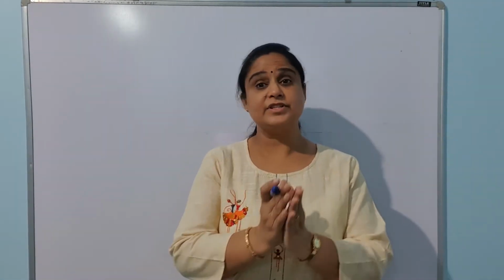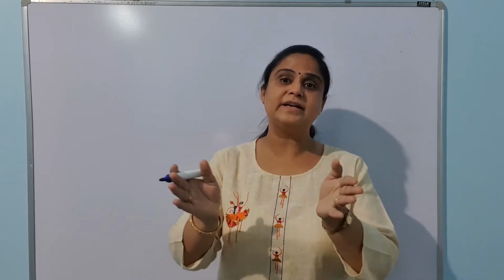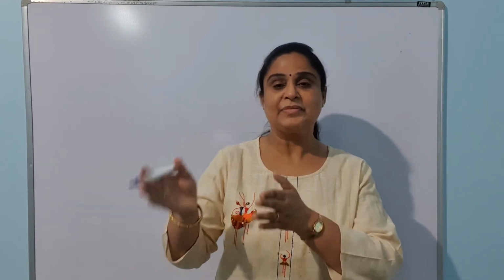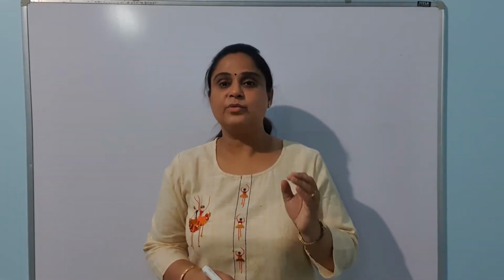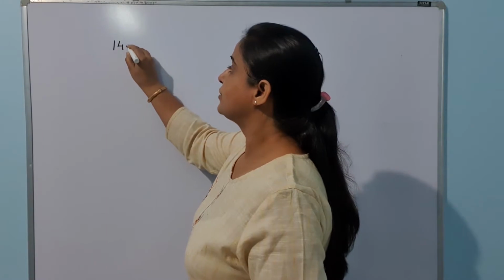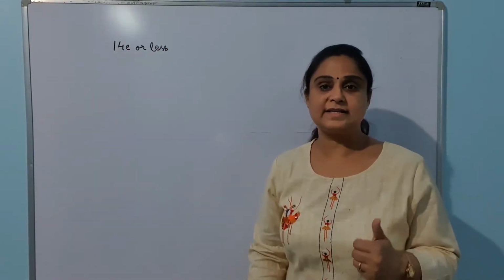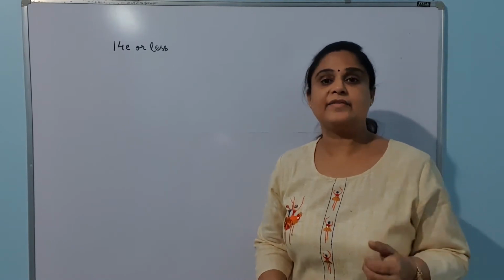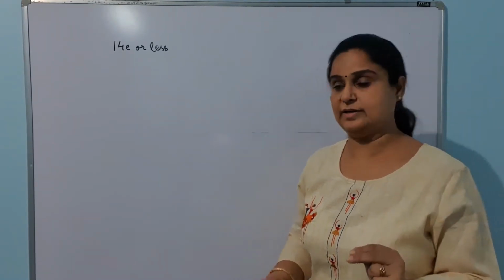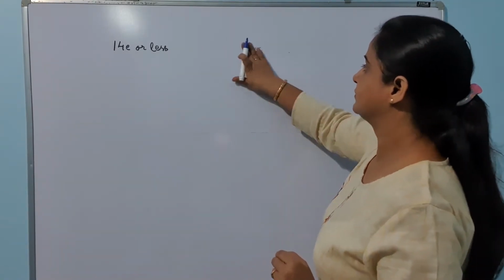The very first thing I have to discuss here is that we are going to divide the molecular orbital diagram into two cases. The first case is where the species contain 14 electrons or less. And the second case is the species which have more than 14 electrons.